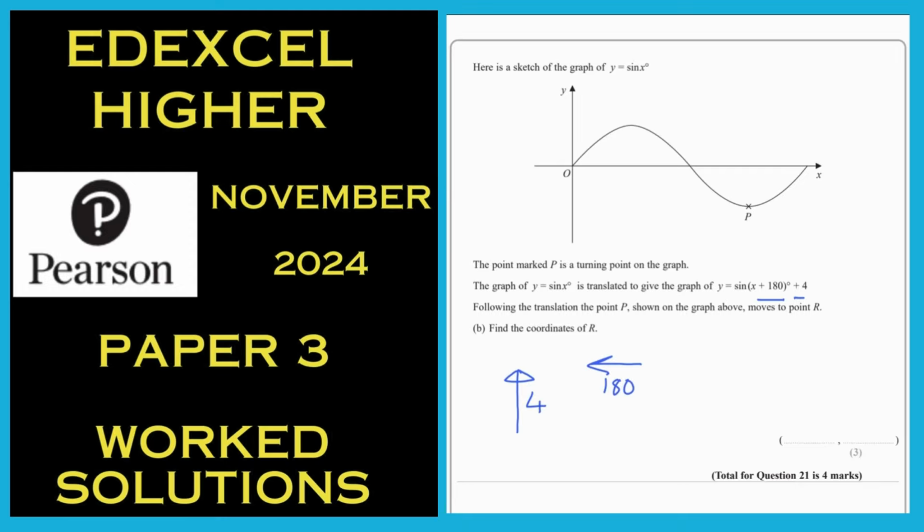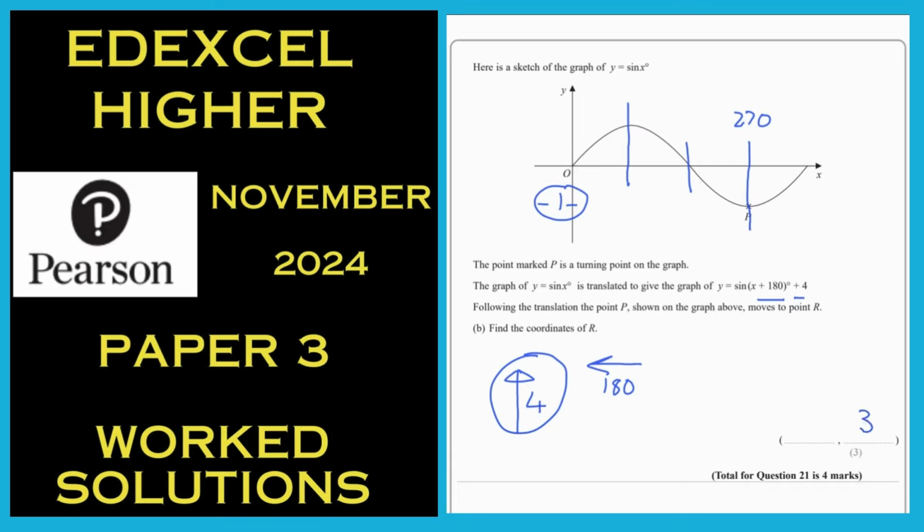The point P, where is it currently? So hopefully you'll know that's 90, that's 180, that is 270, and its height is -1. Well, if your height is -1 and you're moved up 4, you end at 3.